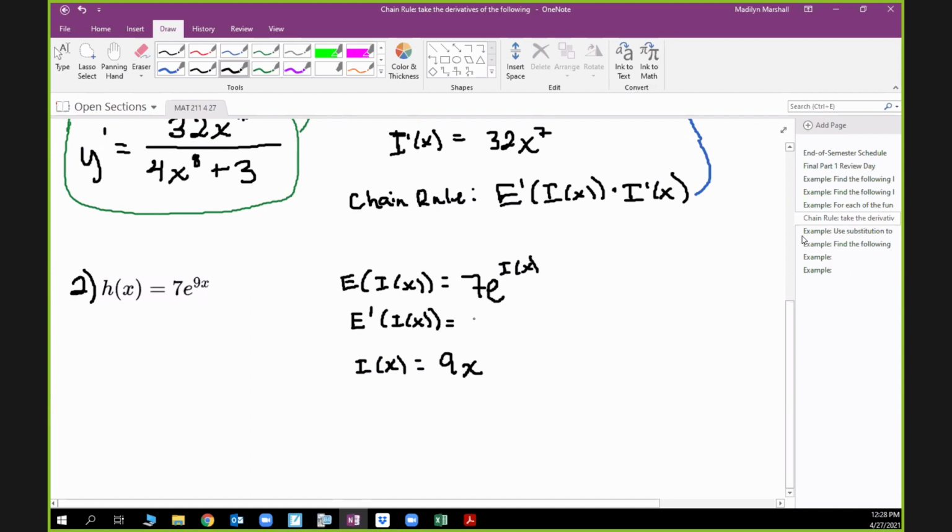Same. Same thing, exactly. That's our exponential rule. E to a power is just e to that power when we're doing the derivative. And the derivative of the interior is just 9.